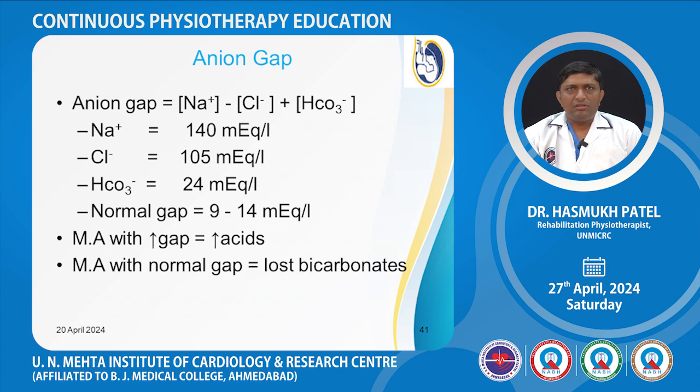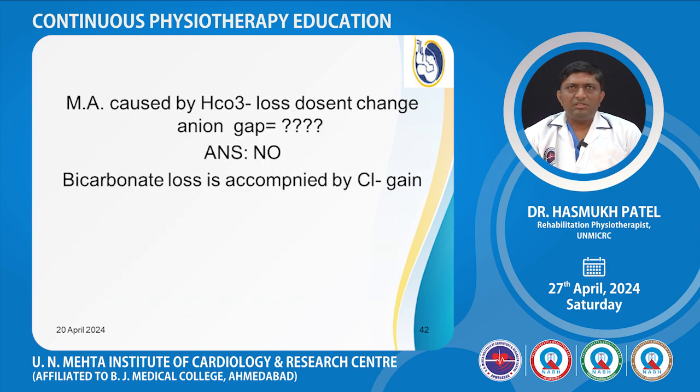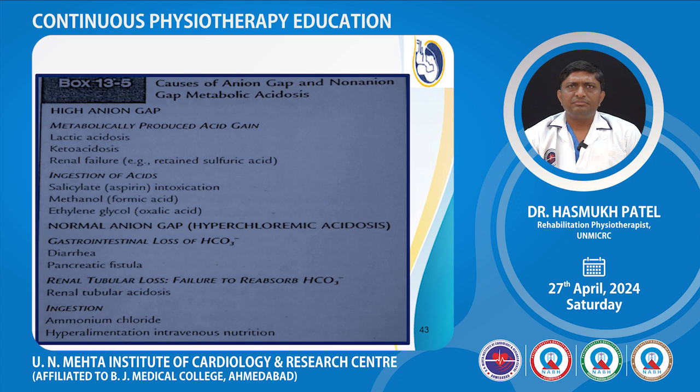If metabolic acidosis with increased anion gap, there is increase in acids. If metabolic acidosis with normal anion gap, there is a loss of bicarbonate. Does metabolic acidosis caused by HCO3 minus loss change anion gap? The answer is no. Bicarbonate loss is accompanied by chloride minus gain.